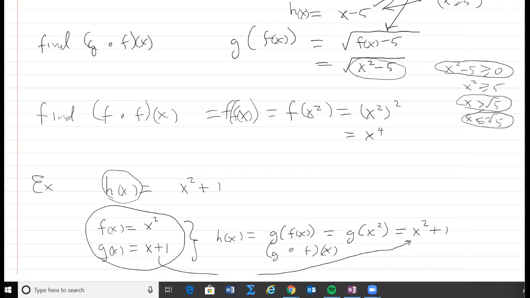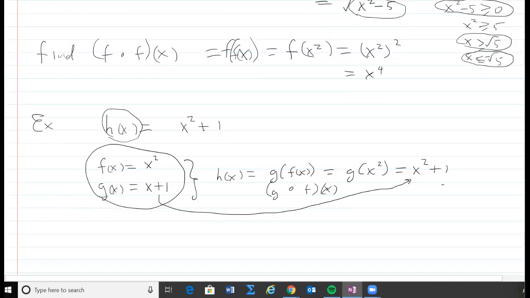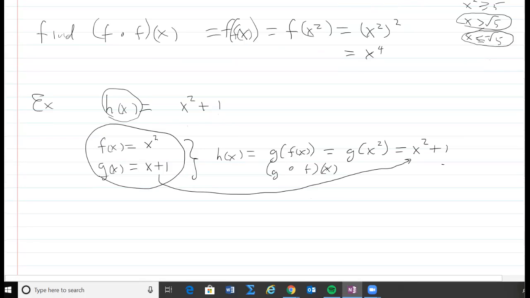That's all I wanted to say about that one. Let's take another example. Let's say h of x is equal to the square root of x squared minus 5.